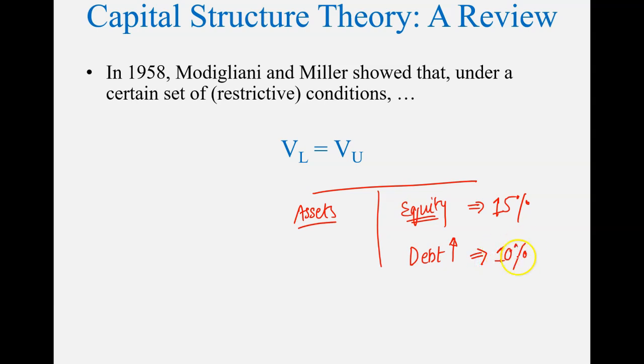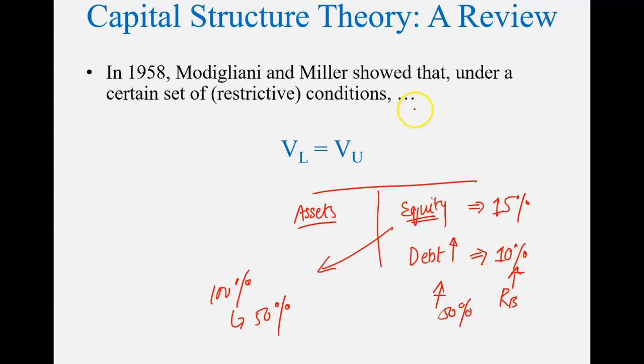And let's suppose you're like, hey, why am I 100% equity financed? If banks are offering debt at 10%, why am I funding my assets from investors who require 15%? Maybe I should, rather than being 100% equity financed, drop down to 50% equity, and I'll fund 50% of my assets with debt.